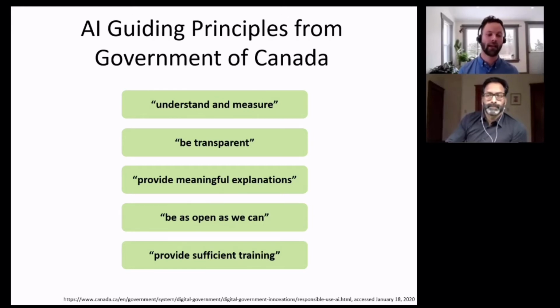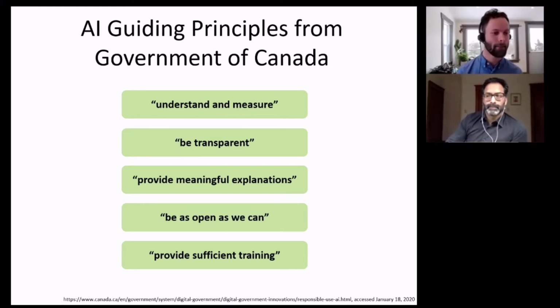How would they ever share their source code? And also the training data. We'll come back to that. What kind of data has it been trained on? And the last one is to provide sufficient training for, in this case, providers or patients. So that's why we're here today.